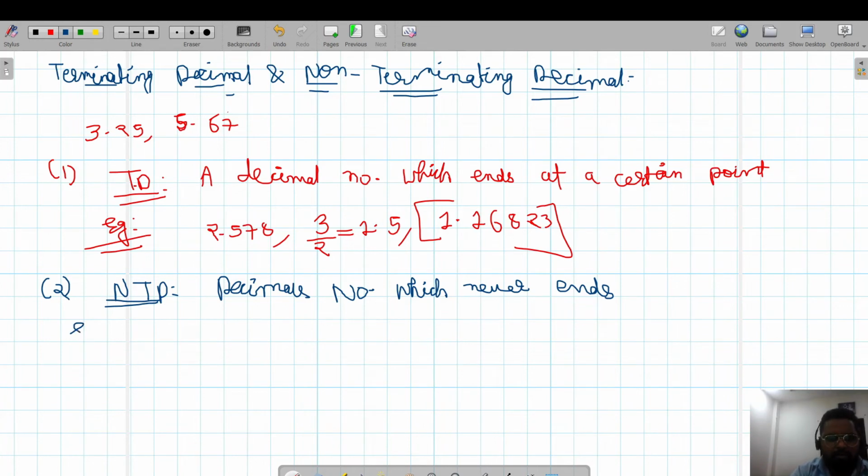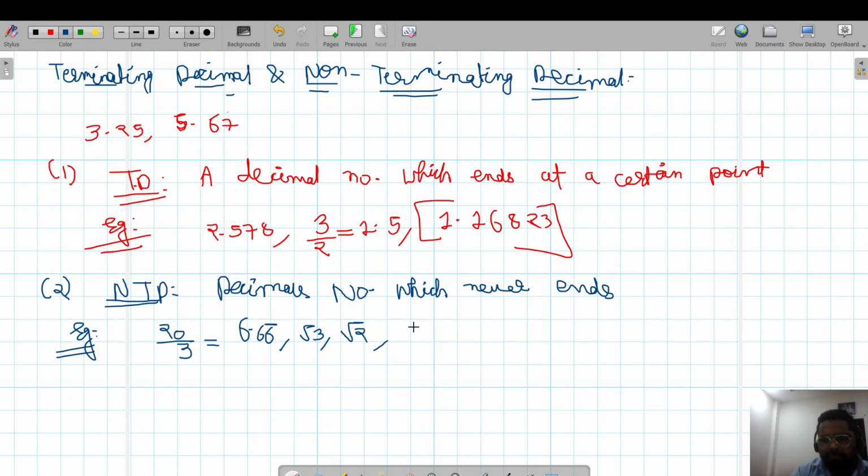I can give you some examples here. One example is 20 upon 3. As I divide it, 3 sixes are 18, then again 6, and we get 6.666, which keeps repeating itself. Another is root 2, which is also a non-terminating decimal; it never terminates, so remember it.